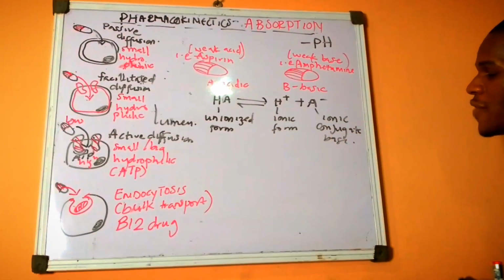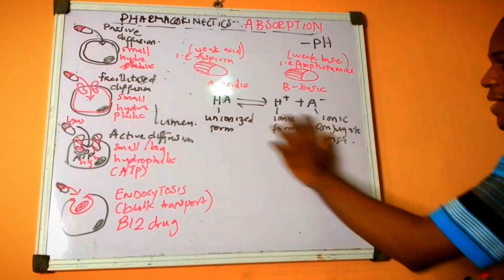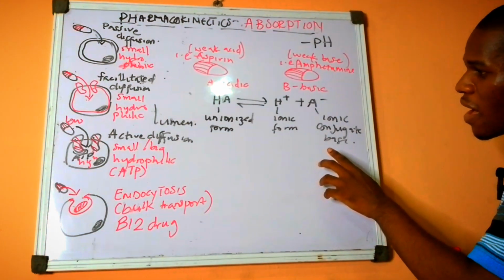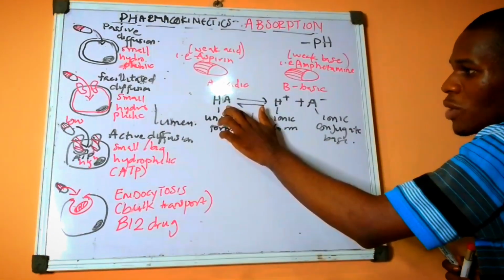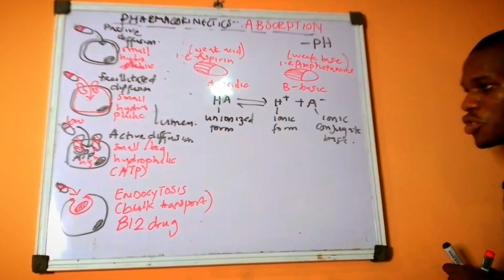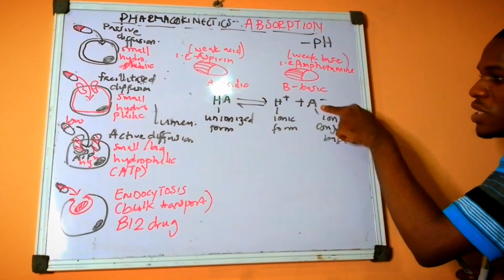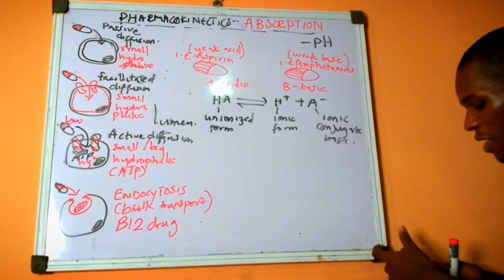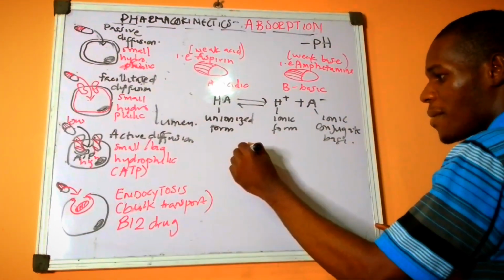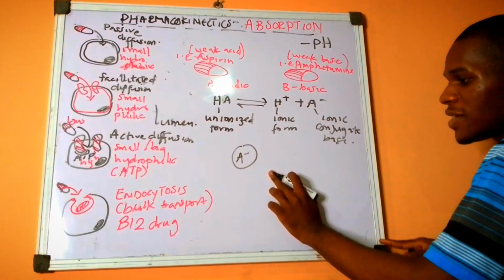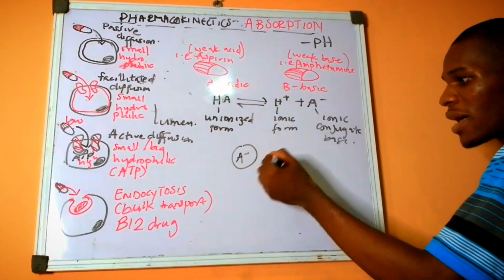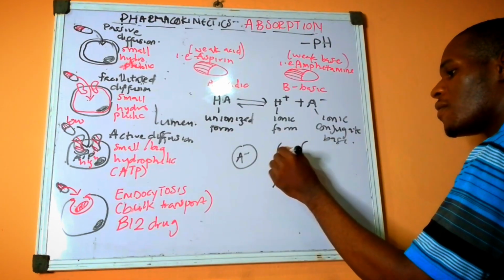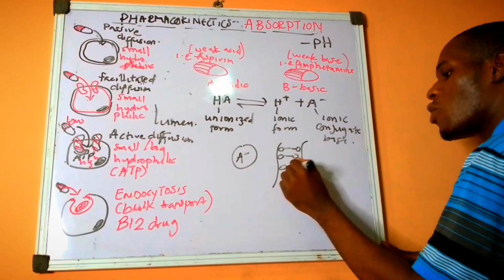If you look closely at this particular ionic equation, you can see that if I want this particular weak acid, this particular drug, to be readily absorbed into the bloodstream, I can't use the ionic conjugate base of this drug because it's A minus, A negative. This is because if I have A minus, I have a negative ion, which is polar, it will not pass through the phospholipid bilayer of the cell membrane.